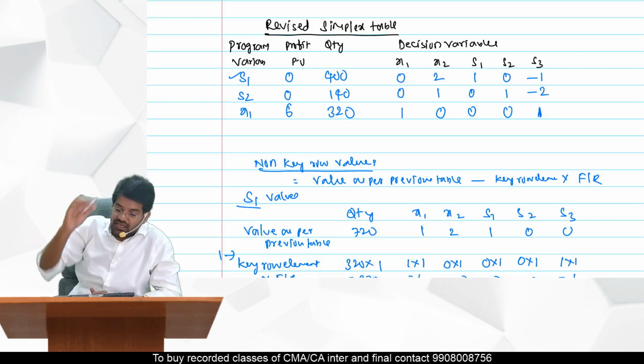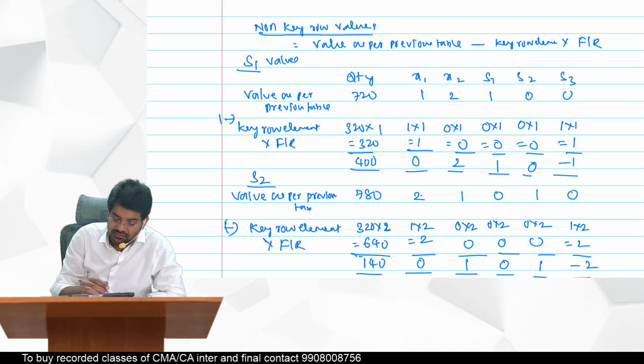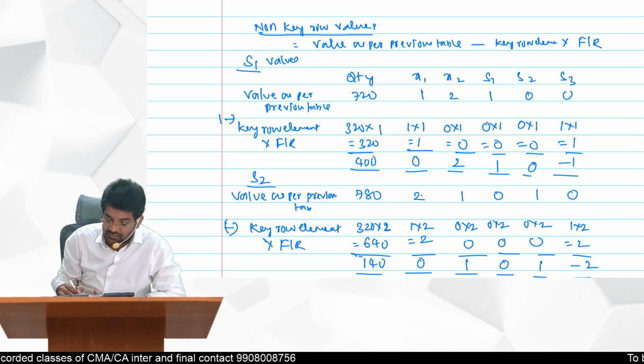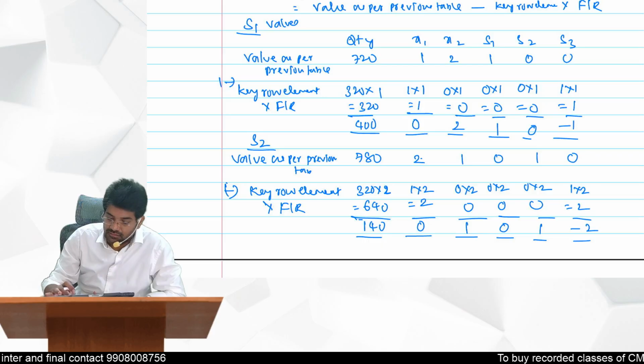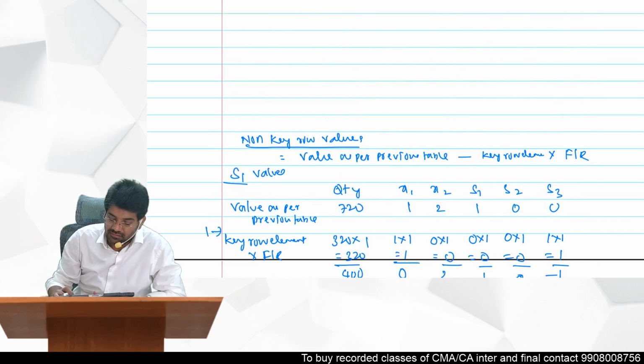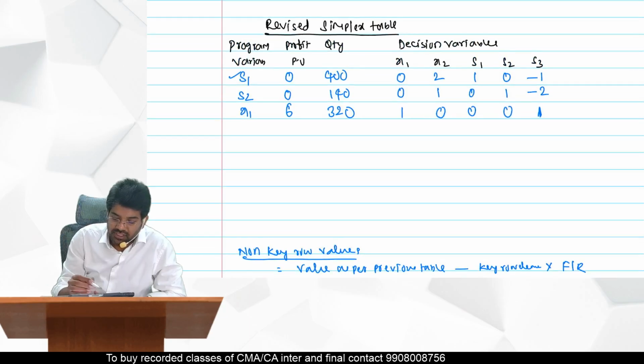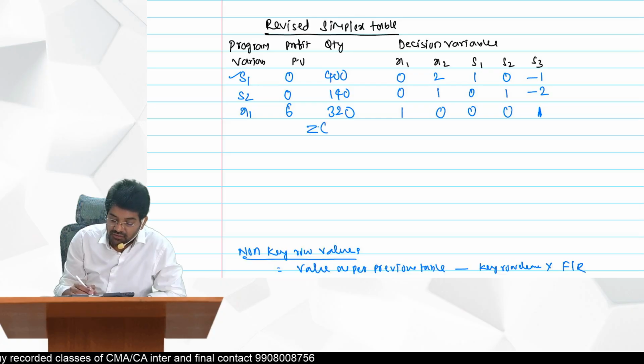So first let us take Z value. Z is nothing but objective function's value against these variables.